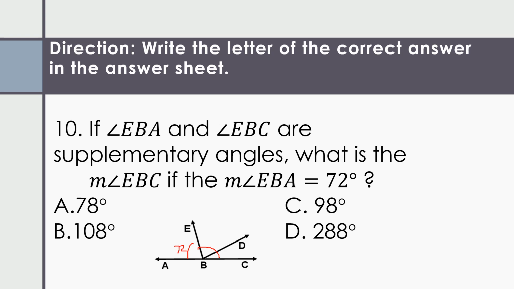So 180 is the total measure of supplementary angles, so minus 72, which is one of the supplementary angles. So we get 108. The answer is B.